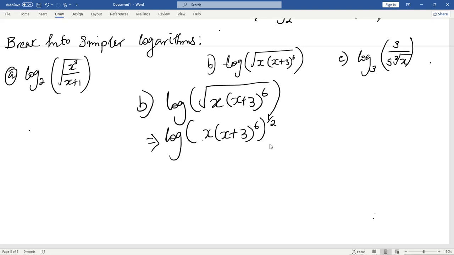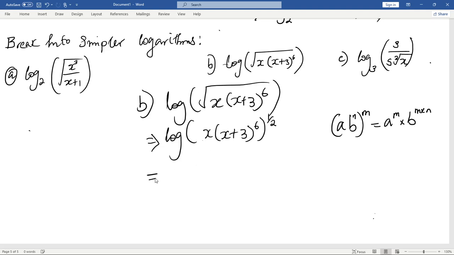Now another property for indices is that if you have a times b to the power n, all to the power m, this is the same as a to the power m multiplied by b to the power m times n. We apply the same thing on this function.